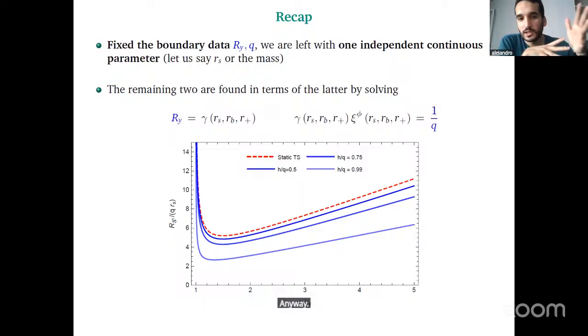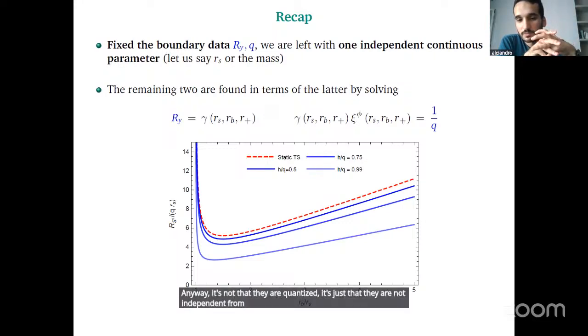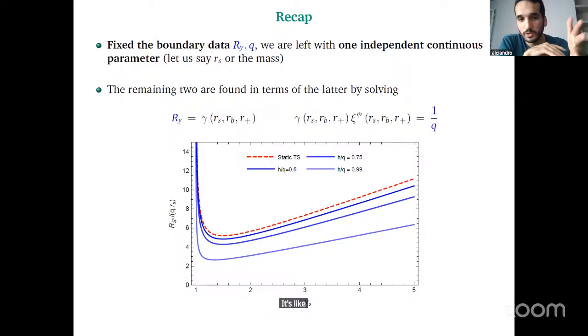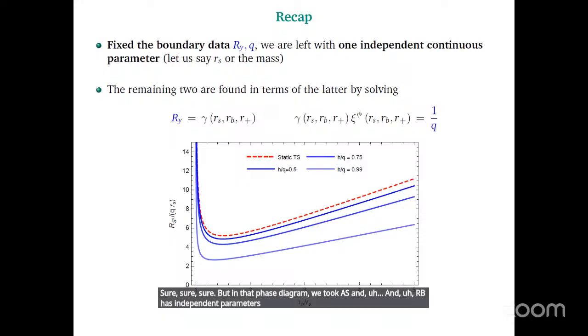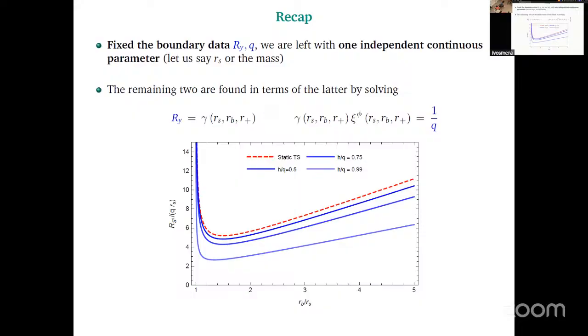It's just that they are not independent from the mass, like in the static case. If you fix the modulus, the magnetic charge is not independent from the mass. Sure. But in that phase diagram, we took AS and RB as independent parameters, and the rest fixed in terms of them.